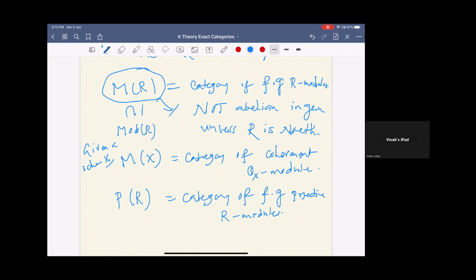I think you have already done that. Yes, because P_R is symmetric monoidal with respect to the direct sum. That has already been discussed, I believe. And then you can consider the K-theory of this category, because under the direct sum it has a monoidal structure, so you can take the group completion to get the K-groups. So this is also an important category for us.